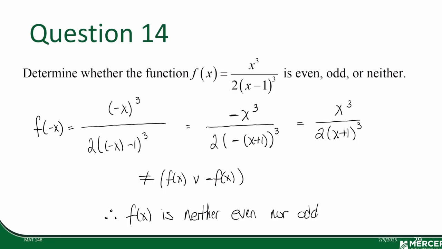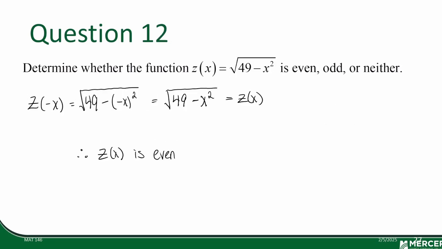Look at f of x, the definition for f of x. Put a negative out in front. So multiply essentially just one of those terms by a negative. And that would be negative f of x.